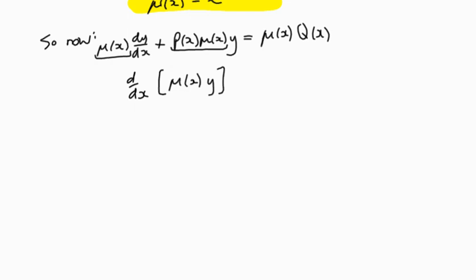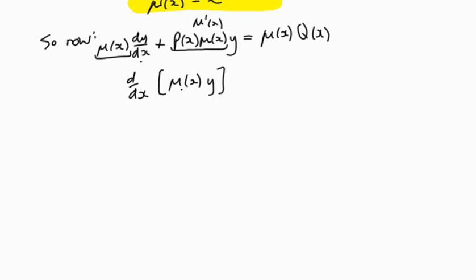So if we differentiate that function, we'll get the derivative of mu of x, which is here. We've already said that's what that should be, times y plus mu of x times the derivative of y.